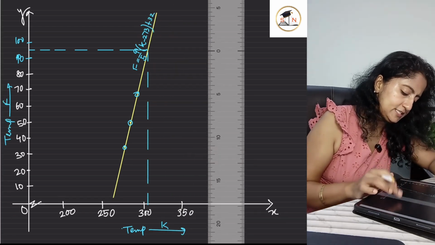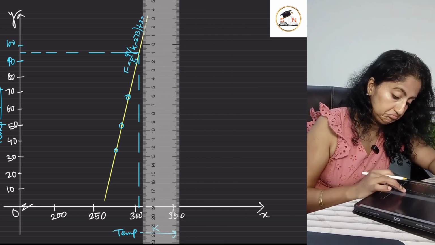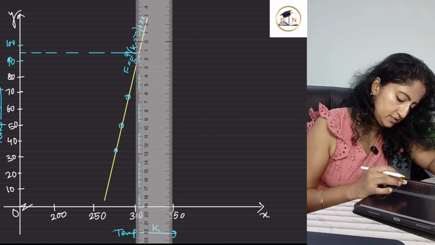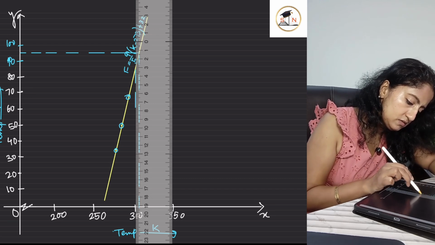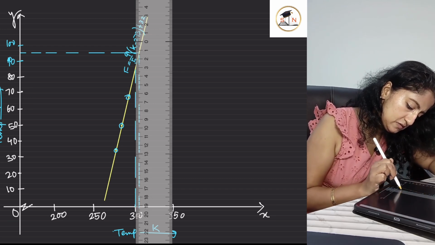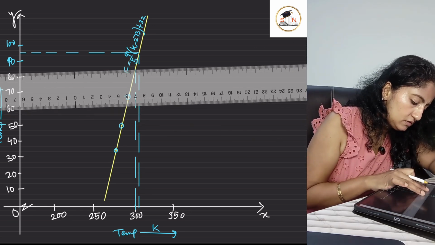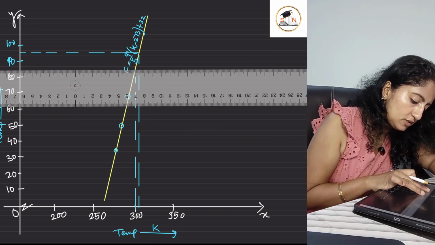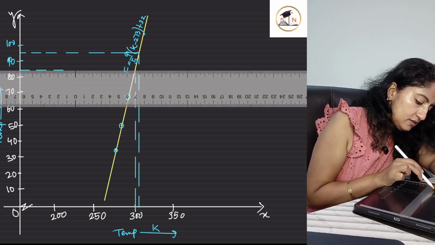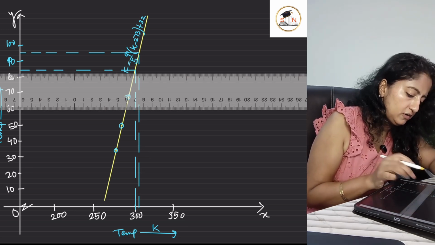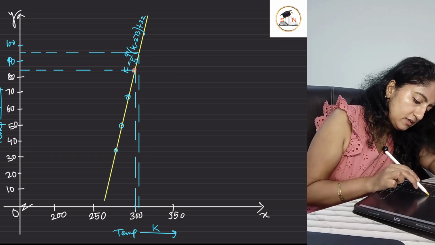Okay. Then the next value they had told us was 300K. So, okay, quite close to it. But it was close on the Kelvin scale, but it is not very close on the Fahrenheit scale. Okay, so now we'll write down the coordinates.